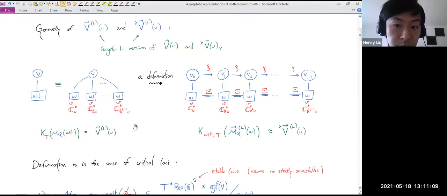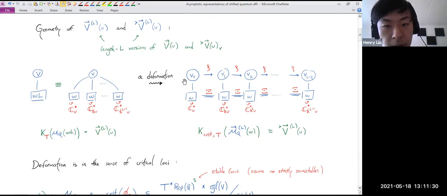It turns out that the way to realize this in geometry is to do a small deformation of the original Nakajima quiver variety. But we will do it in the sense of critical loci. Okay? What that means, I'll be more specific about in one second.